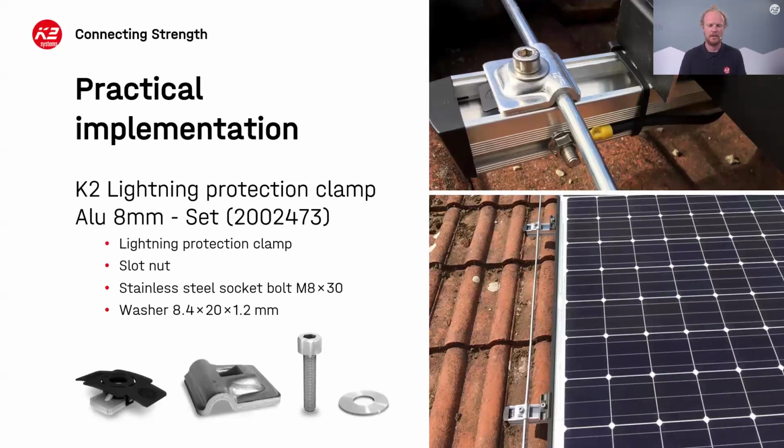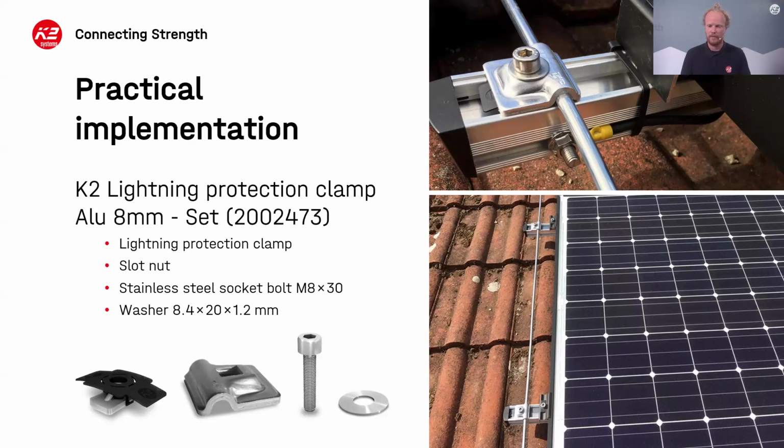So this is one example, and this is the example from K2. We would like to give a bit of a general presentation today, but we also would like to show one example of how you can go about providing this earthing or equipotential bonding. And this is the one we know because it's the one we have on hand.